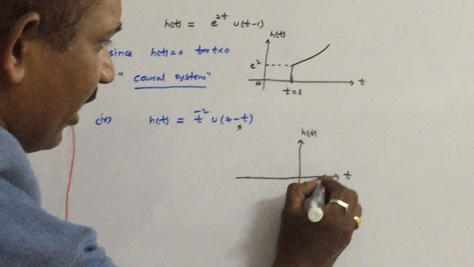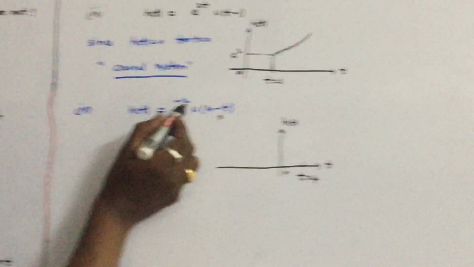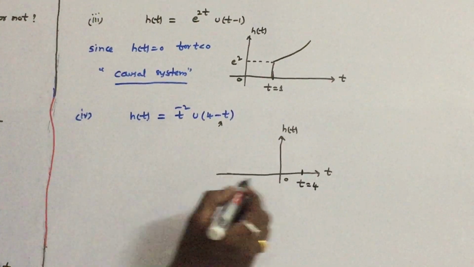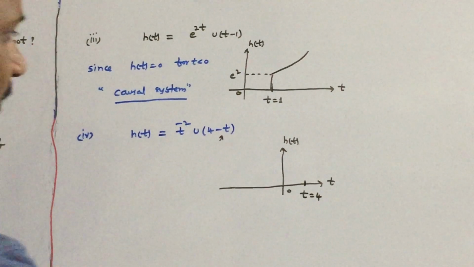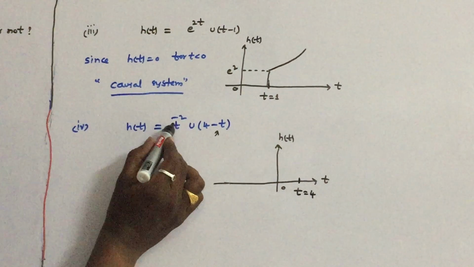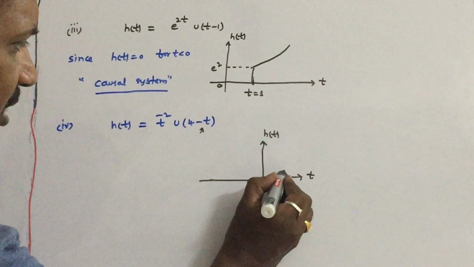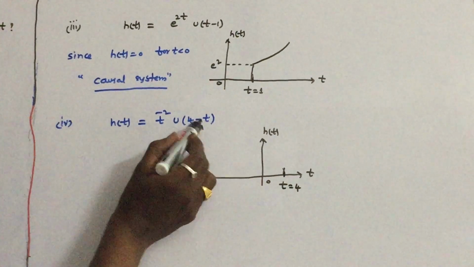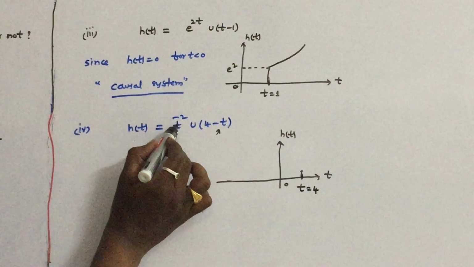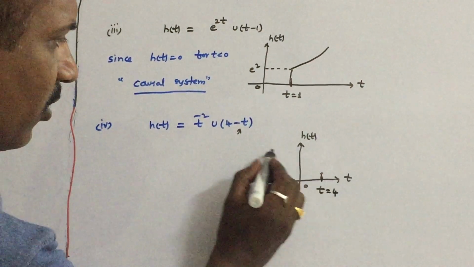This step starts at t is equal to 4. If you substitute t is equal to 4 in this equation, 4 power minus 2, that means 1 by 16. The amplitude is very small.